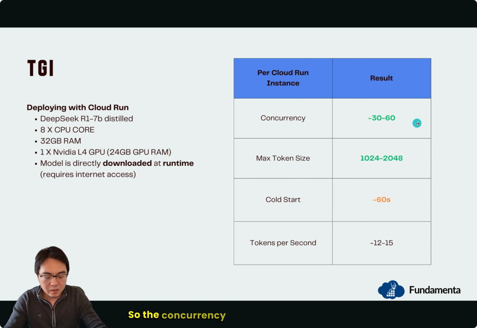The concurrency is very, very similar to vLLM. However, the max token size can go all the way to 1,000 or even beyond 2,000 return tokens. This is a big difference, and it can still retain a token per second for each one of those requests between 12 and 15, and that is a very good thing, right?